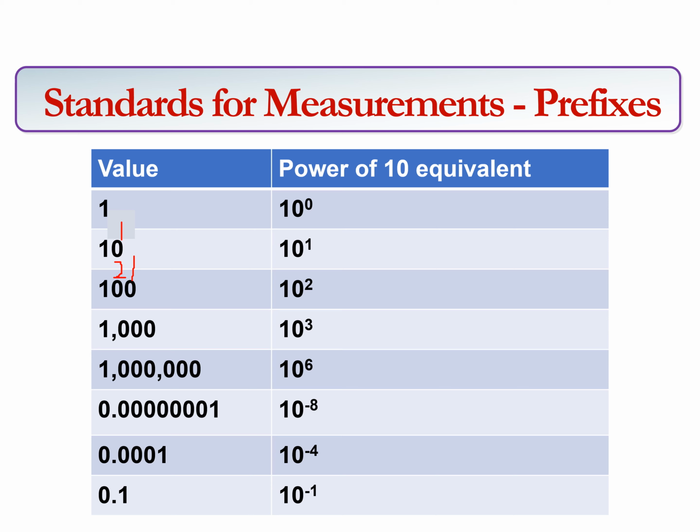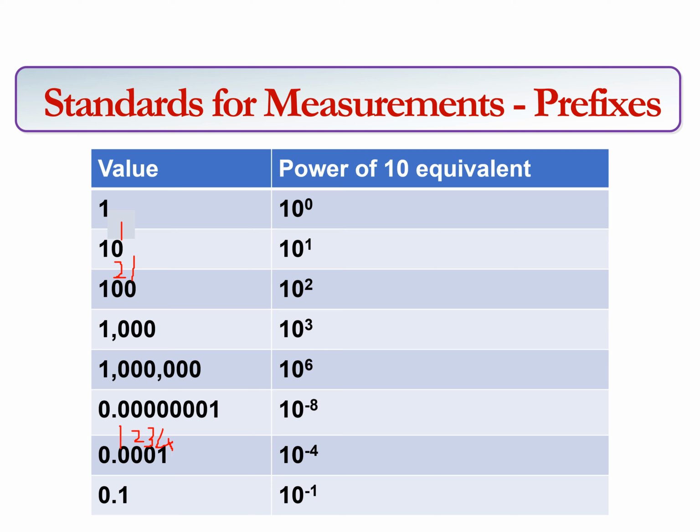And the number that is less than 1, you start counting from the left. So this is 10 to power minus 8. This one, you count 1, you count 2, you count 3, and you count 4.